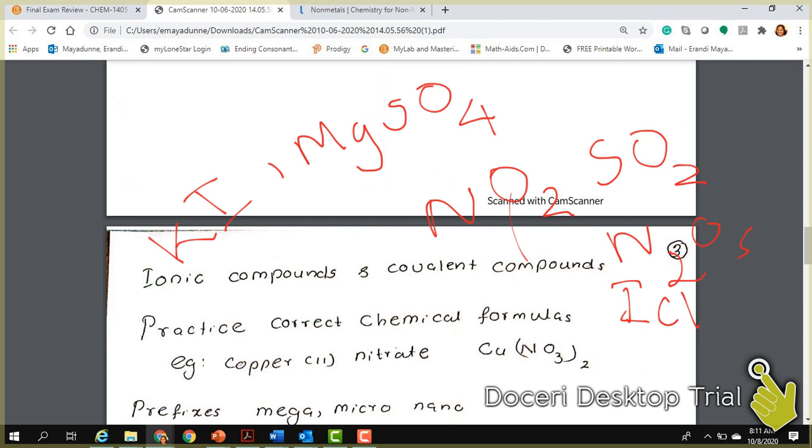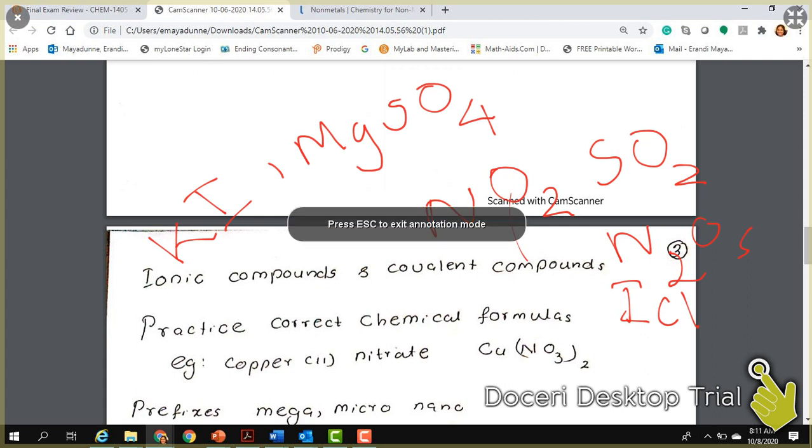And then practice writing formulas, like copper nitrate. This is how you write copper nitrate.